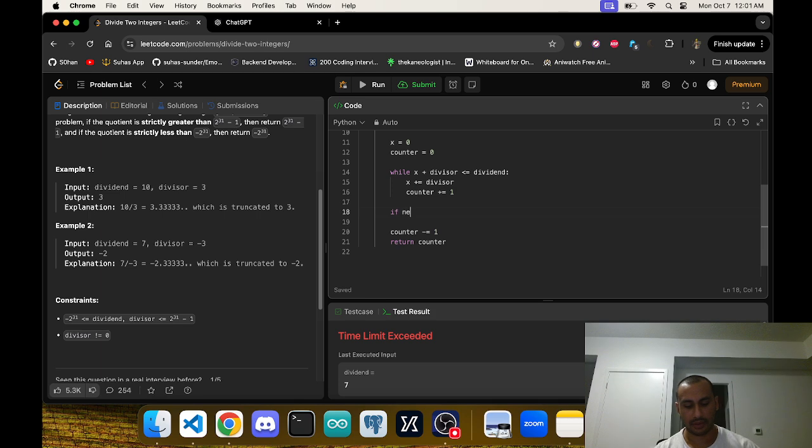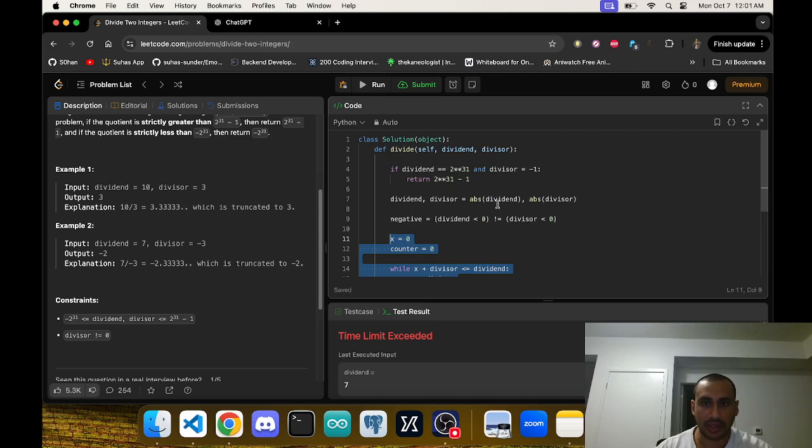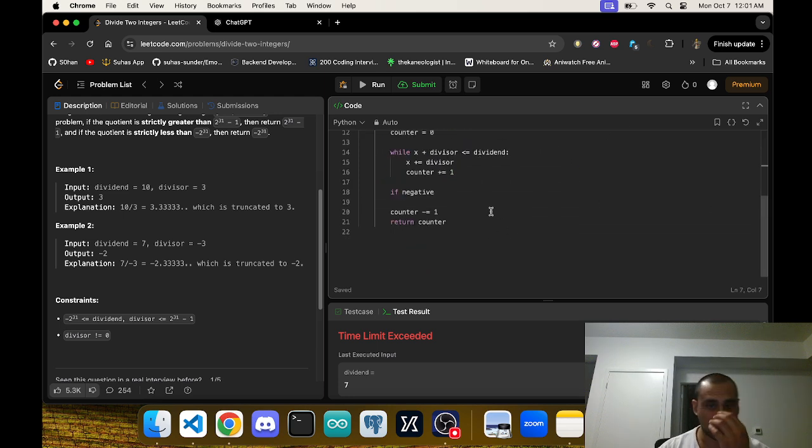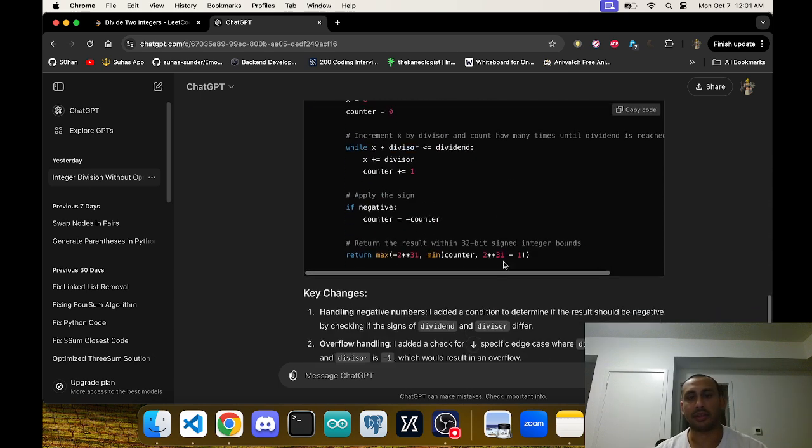All this logic is the exact same. The only thing that I missed was to handle negative divisors, right? So negative numbers. That's why you have to do absolute value for division. But the logic I had is pretty much the exact same. So counter equals negative counter. That's it, right? It's nothing crazy. And then return within 32-bit signed integer bounds.